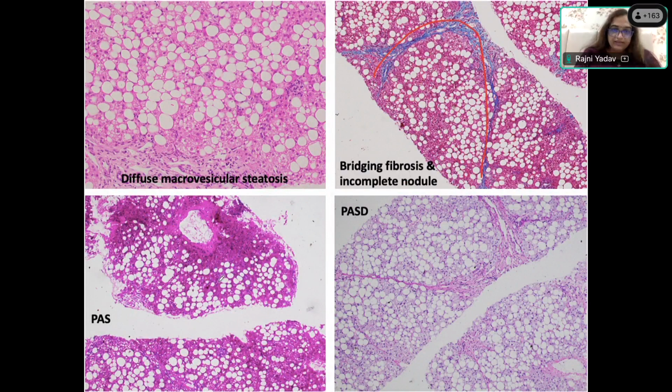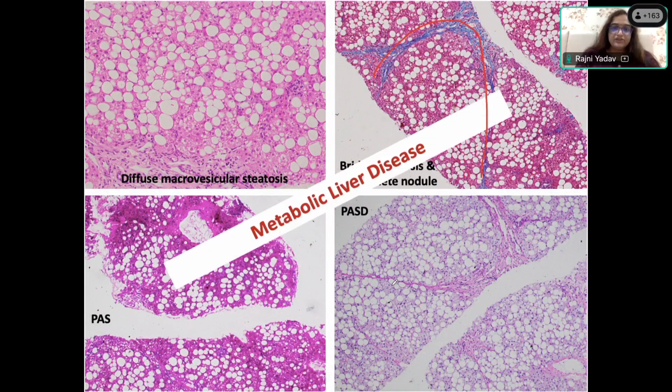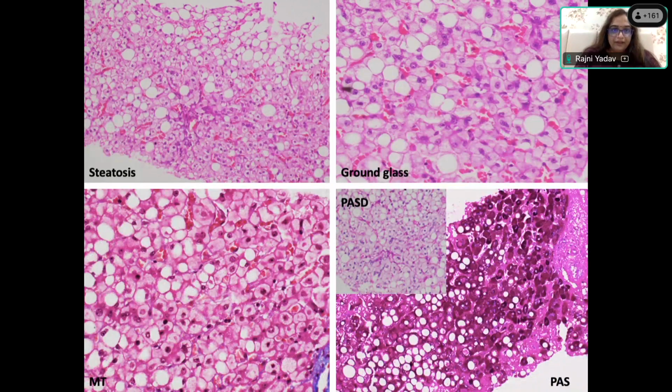If we do the PAS, it is highlighting just the non-steatotic hepatocytes and it's all digested. So the stain has not helped us. So what has he got? In such a case, you should suspect an inherited genetic or metabolic liver disease. If at a very young age you are having a steatotic pattern, that tells you that yes, the patient is likely to have an inherited genetic or a metabolic liver disease.